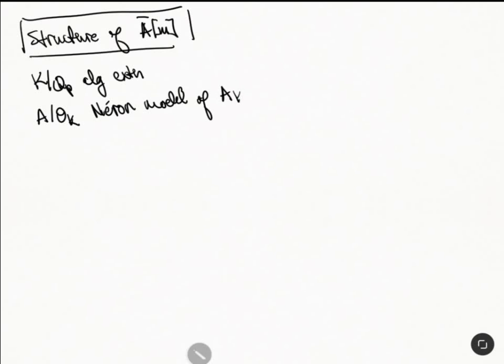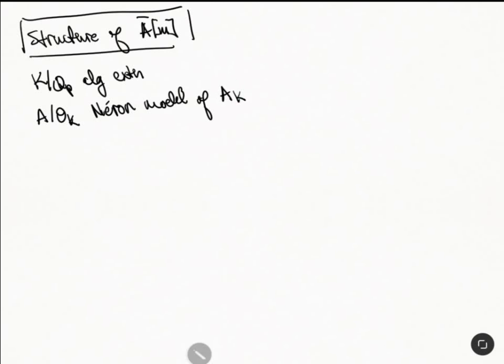Okay, so here we're going to have K over Q_p, an algebraic extension, and A over O_K. This is going to be the Néron model of its generic fiber.